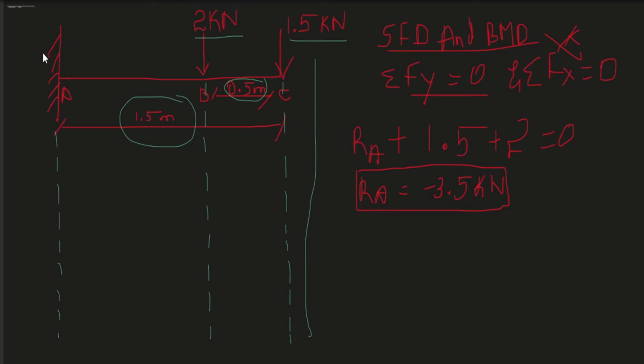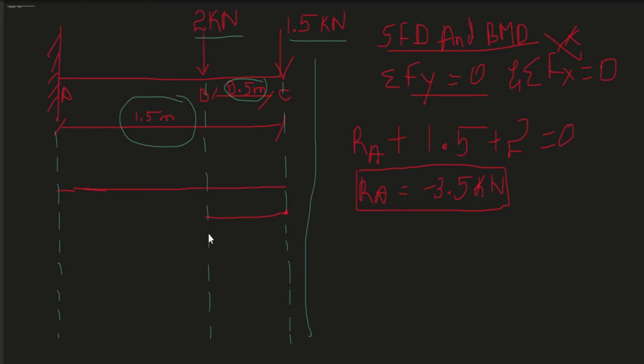To draw the shear force diagram, we need only the forces. So I'll just draw a line. Now this is minus 1.5 since it is acting in the downward direction. So I'll just assume this as the point, and here it is minus. From this point till here it will be a constant straight line, and again it will increase by a distance of 0.5.